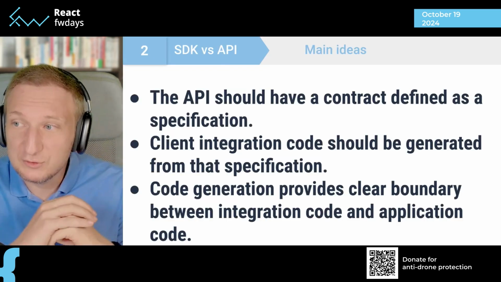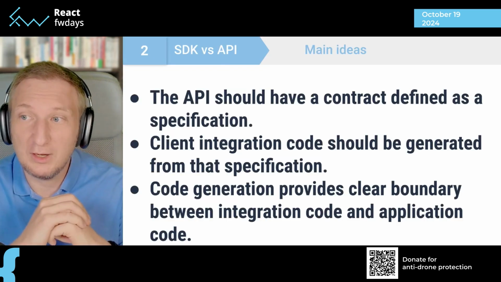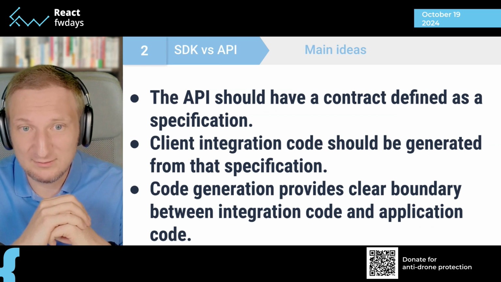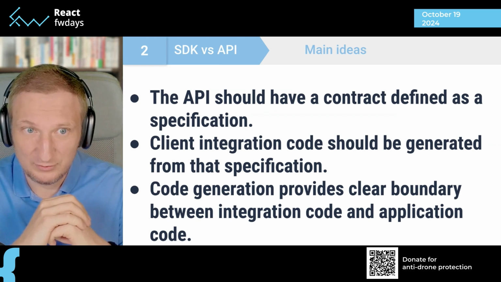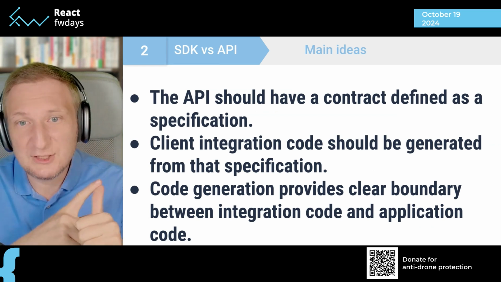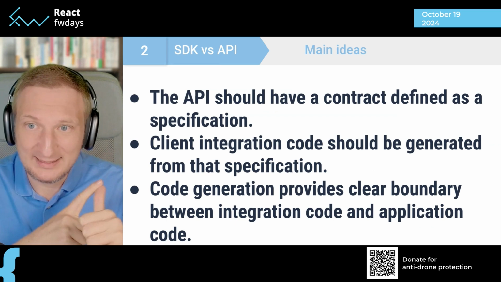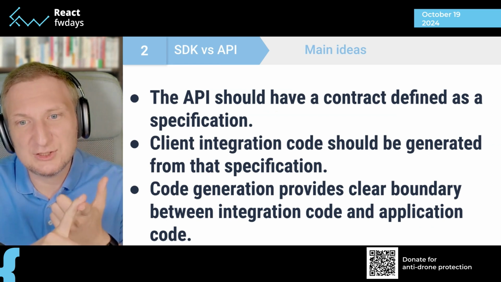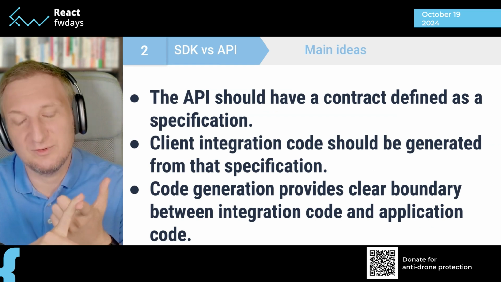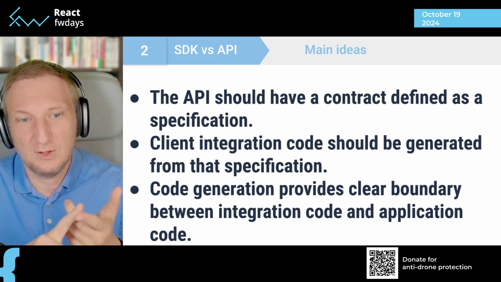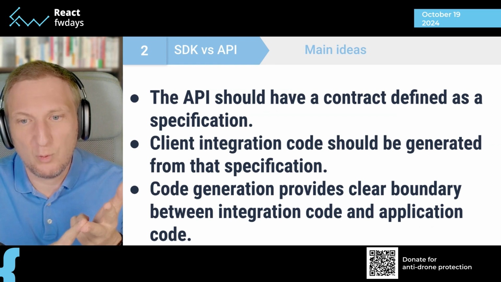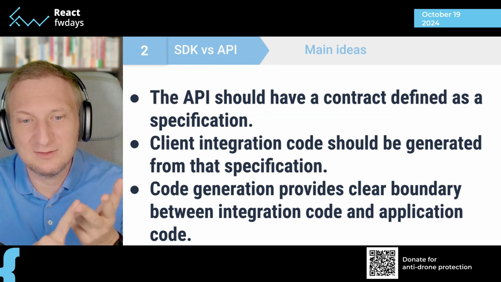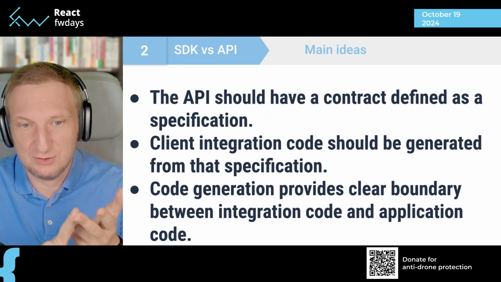But before we jump to that, I would like to emphasize the main ideas of this talk. An API should have a contract defined as a specification. Client integration code should be generated from this specification. Code generation provides a clear boundary between integration code and application code.